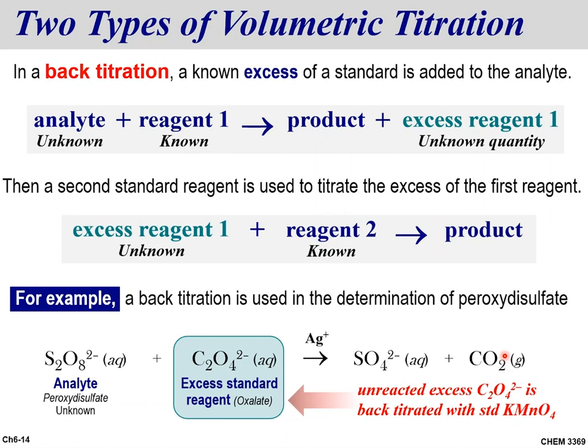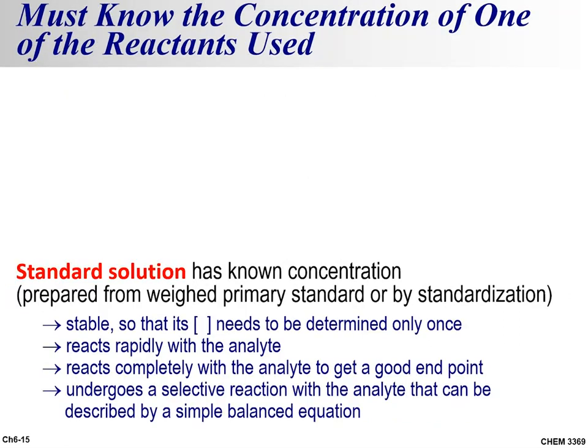Okay, and then we can calculate the amount of peroxydisulfate by taking the difference between the amount of oxalate and the amount of permanganate. Okay, so we will look at an example of this, well, I'm not sure if we're going to make it today, but let's see. Let me finish with actually this.